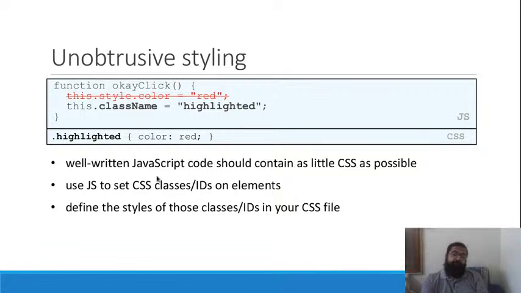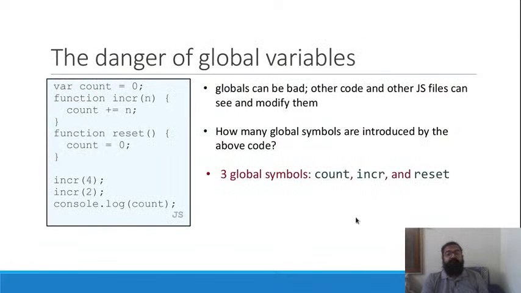So the behavior will be just assigning the new class name, or a class ID or element ID, I mean div ID, and you will associate it with the particular CSS. So define the style of those classes or IDs in your CSS file.